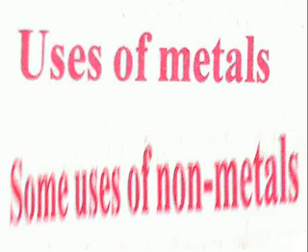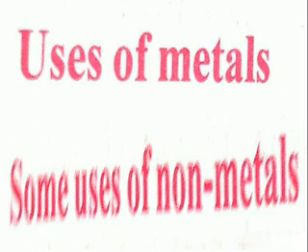Next, a zinc and iron mixture is used for making iron sheets. And most agricultural instruments are made of iron, which is one of the metals.